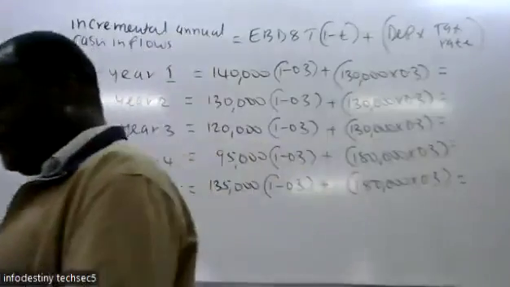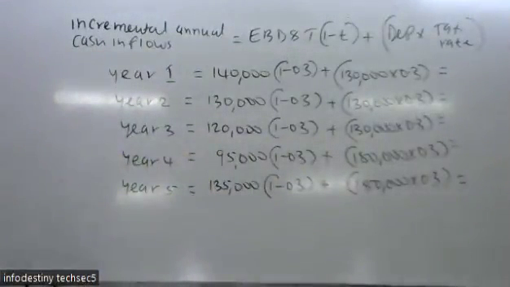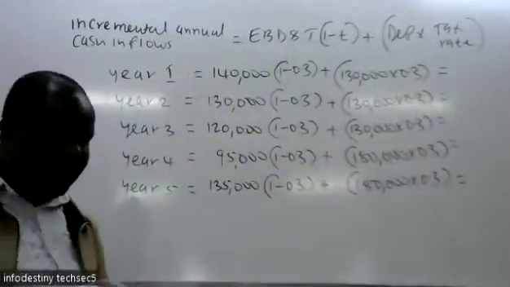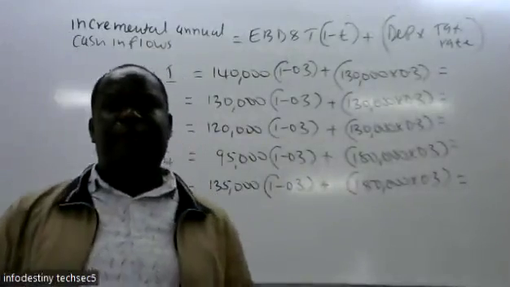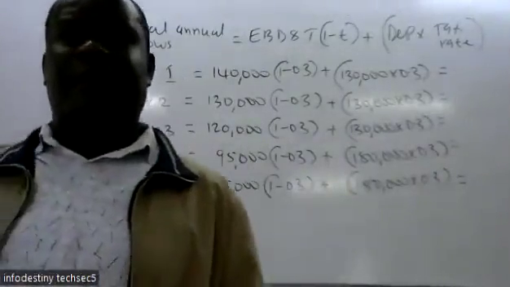So when it comes to the Roman letter 3, they are asking, should the existing machine be replaced? But before we go to that, there is the Roman letter 5.